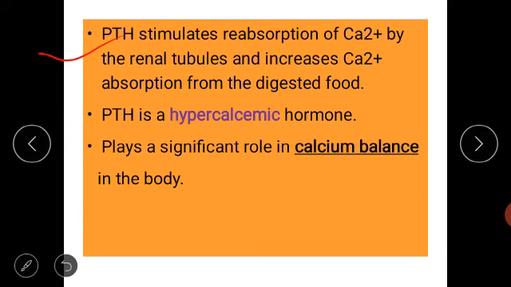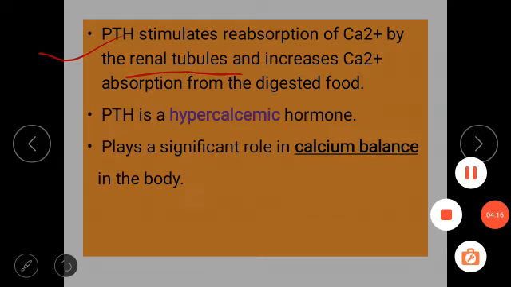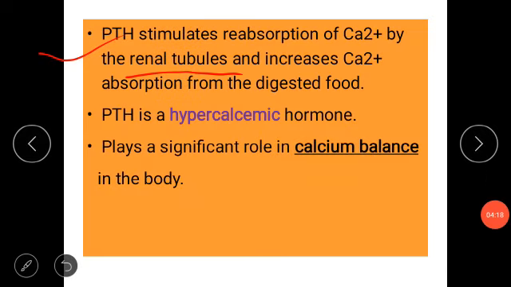The renal tubule is present in the kidney, and this renal tubule helps in the absorption of Ca2+ ions. It increases the blood Ca2+ level.